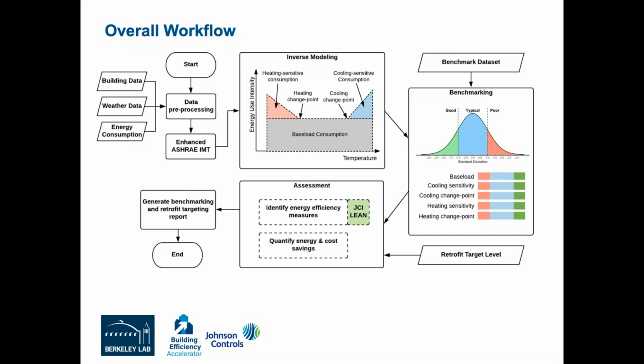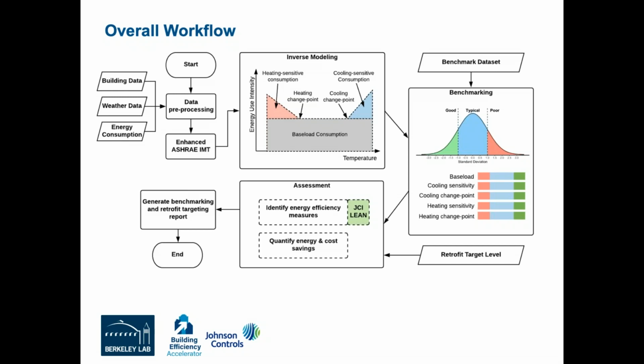We take those coefficients from the inverse model, and we benchmark them against a larger data set. Either underlying statistics that we've developed from the US national stock, or statistics that we develop based on a user's own portfolio. If they've got 30, 50, 70 buildings, Better will generate statistics particular to a specific portfolio, and we can benchmark any given building in your portfolio against those underlying statistics for your portfolio.